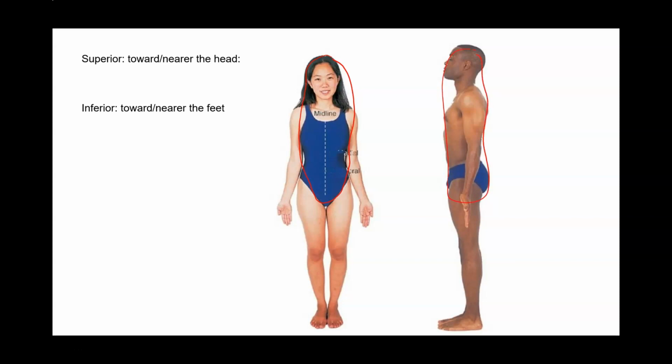These words are not used in the limbs. We have another set of words that we use in the limbs. So let's take a look at a couple of examples. Something in the direction of the head would be superior. Something towards the feet would be inferior.